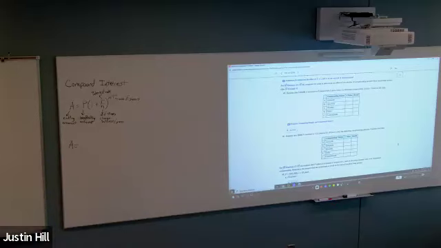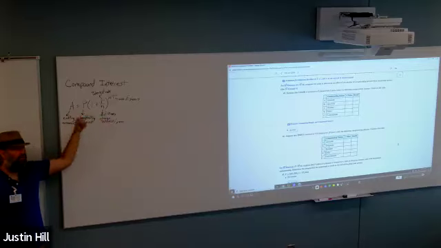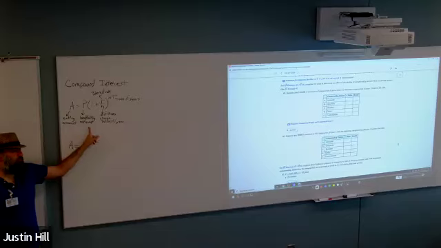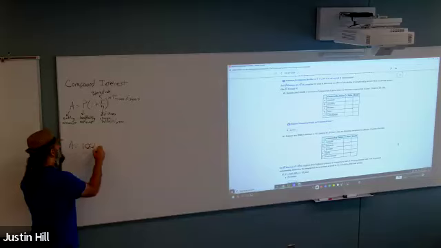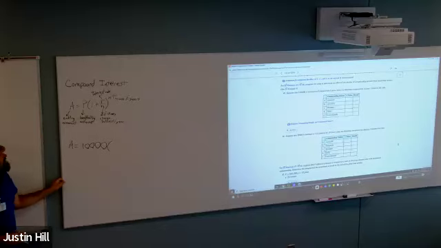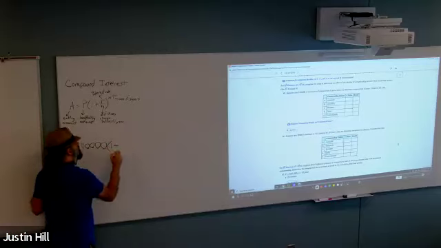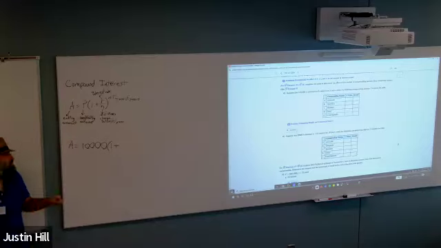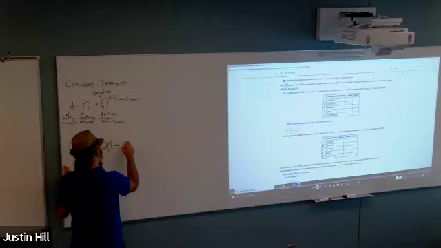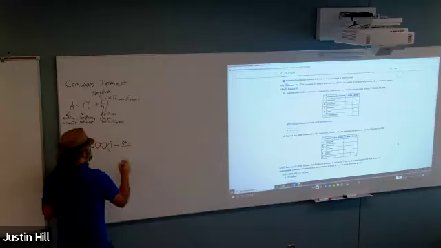Well, no, based on what they're telling me here, P is the amount you begin with, so in this case, the amount you take out a loan for. So what's P in this case? 10,000, so I'm gonna plug in 10,000. Then 1 plus, what's my R, what's my interest rate? 4%, so I'm gonna turn that into the decimal version, 0.04.